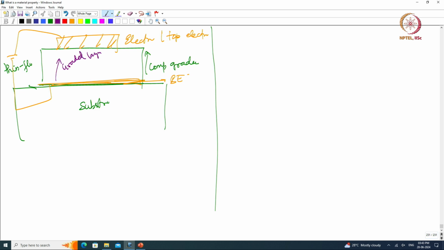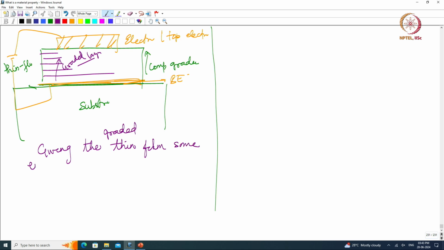The problem is, I have so many different interfaces here, but the grading of composition means that when I apply a bias, I am giving the thin film heterostructure some energy.